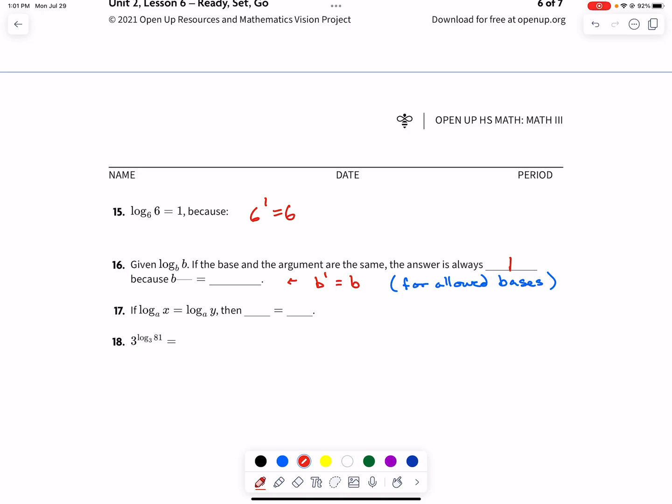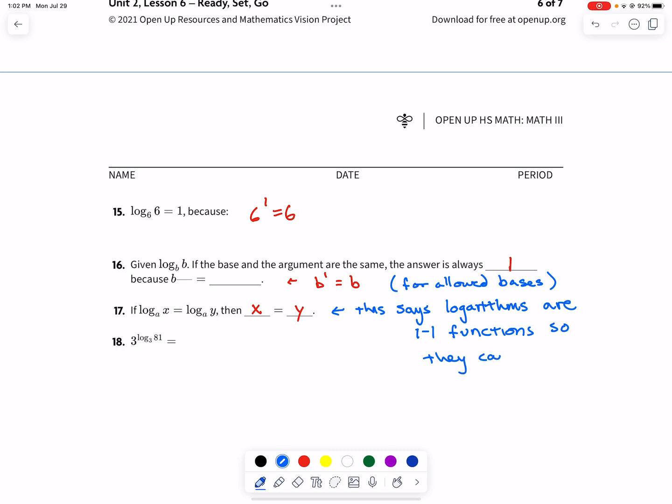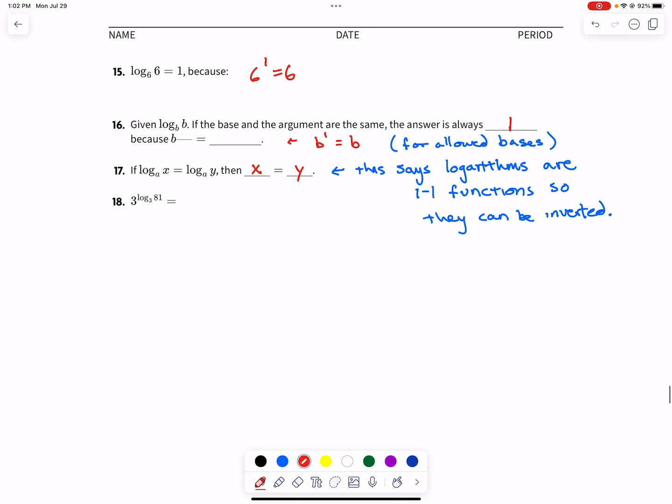Okay, if log base a of x is log base a of y, then x is the same as y. This says that the logarithm is a one-to-one function, so it can be inverted. And log base 3 of 81, raised as the exponent on 3, is actually kind of interesting. It's 81.